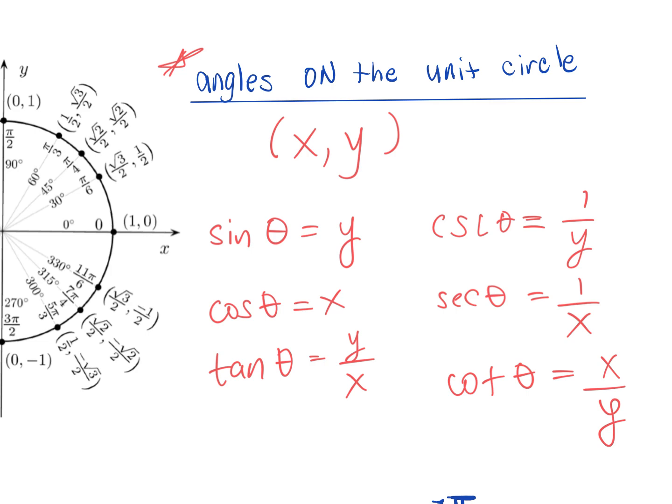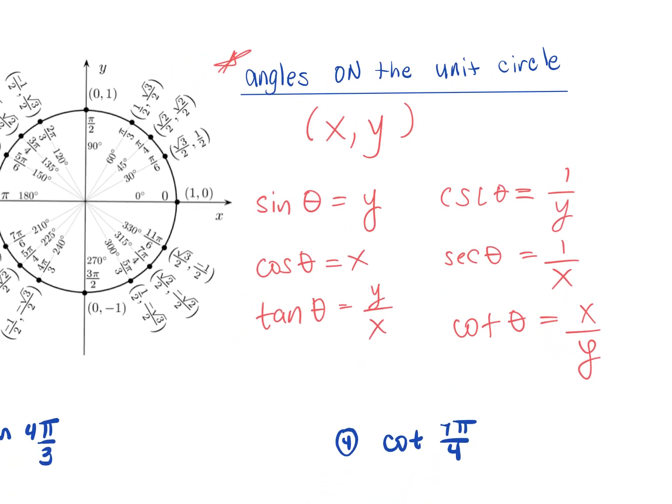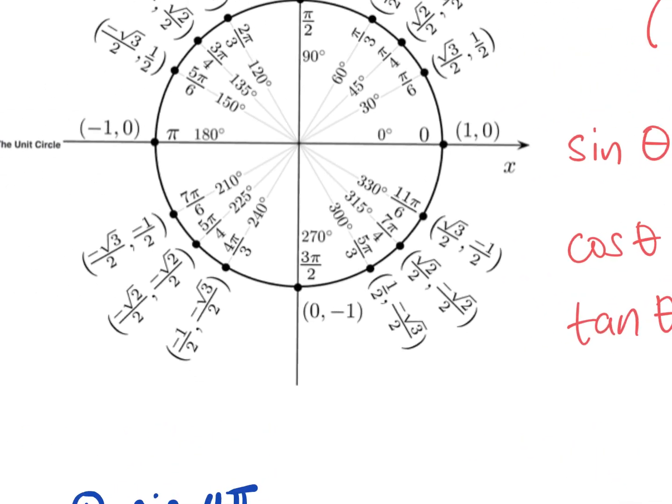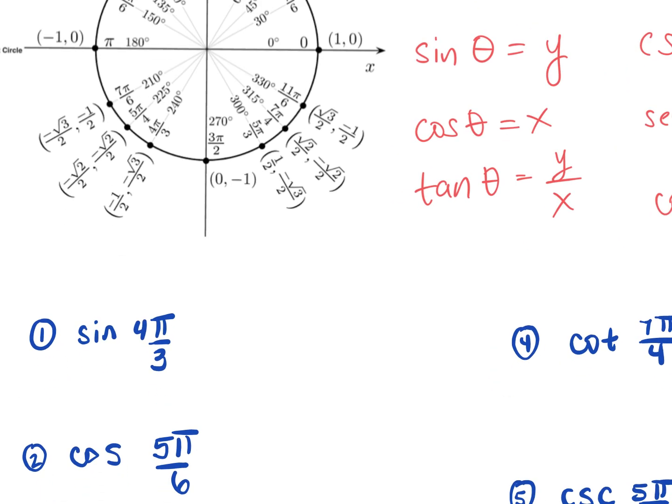So if I give you flat out basic questions like what is the sine of 4 pi over 3? Well, go to your unit circle and find 4 pi over 3. What is the ordered pair at 4 pi over 3? What do you guys see? Negative 1 over 2, comma what?